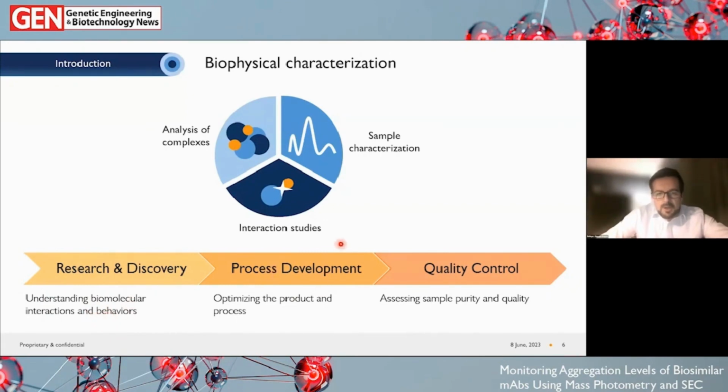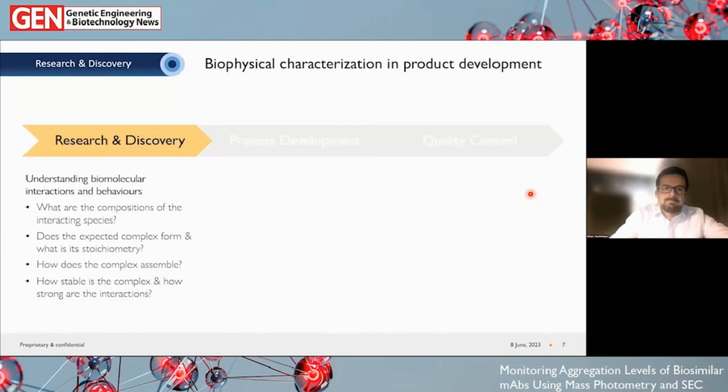Also very valuable during process development. Once you have a product and you're wanting to optimize maybe the product itself, or to optimize the process for the generation, manufacture of the product in question, and also for quality control. So again, as I mentioned earlier, for looking at things like sample purity and quality.